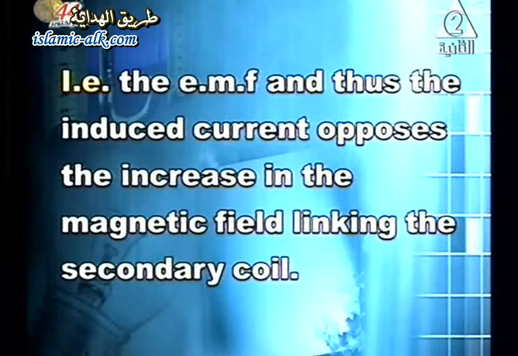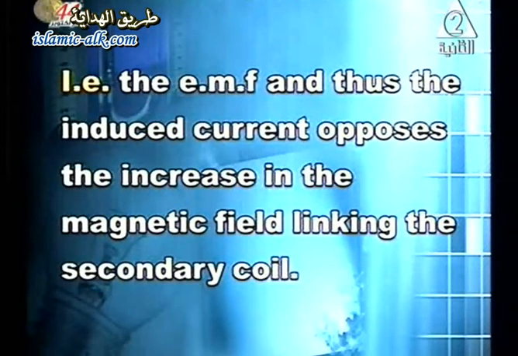That is to say, the EMF and thus the induced current opposes the increase in the magnetic field linking the secondary coil, because in the 3 cases there will be an increasing magnetic field linking with the secondary coil.